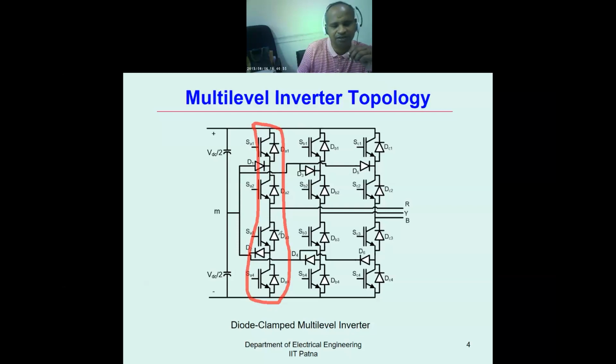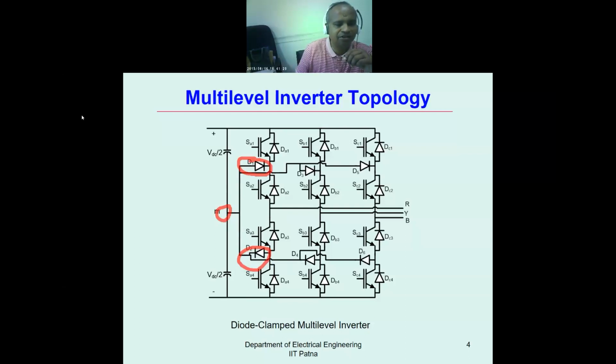So this is 3-level. And here there are 2 diodes connected at the midpoint between 2 switches, 2 IGBTs. These 2 capacitors are connected in series, and the midpoint is called the neutral point, and these diodes are connected to this neutral point.